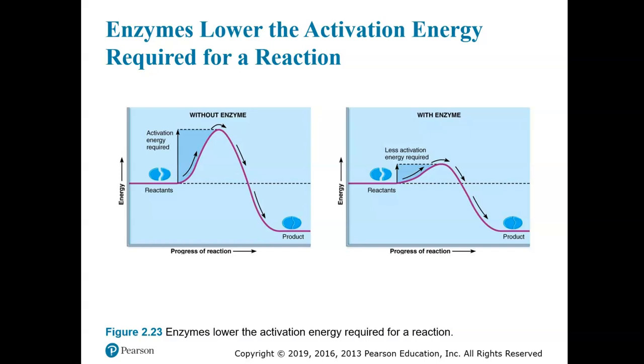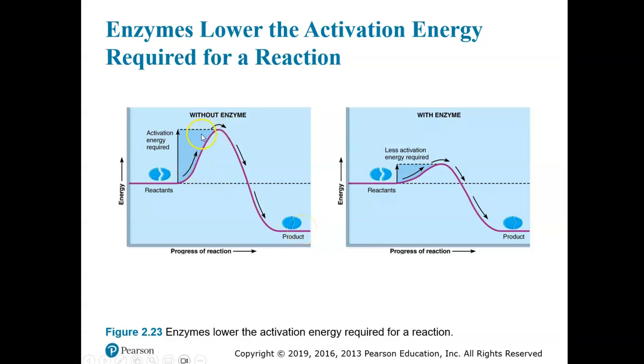The way that enzymes work, this is an example of a graph that shows the energy that's required to convert reactants into products. You start out with 2 reactants. Without an enzyme, it takes a certain amount of energy for those reactants to react and then form into products.